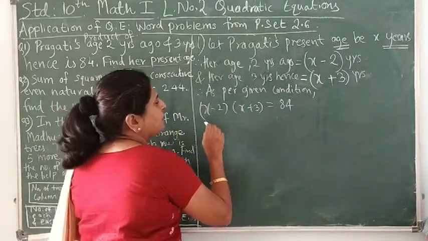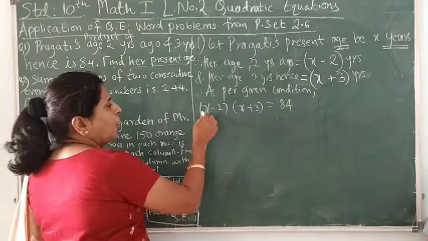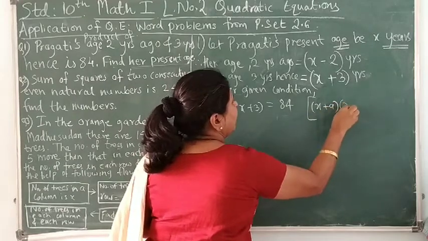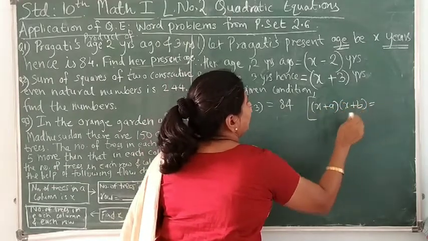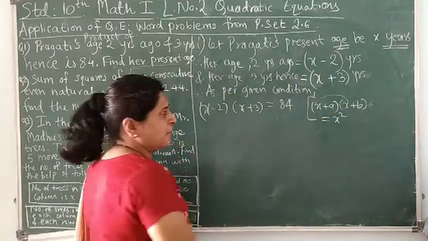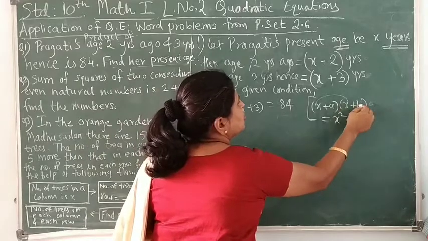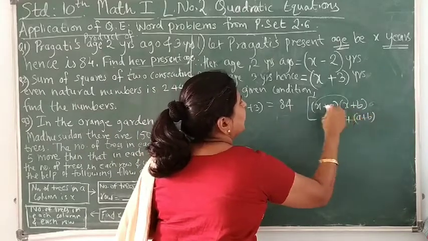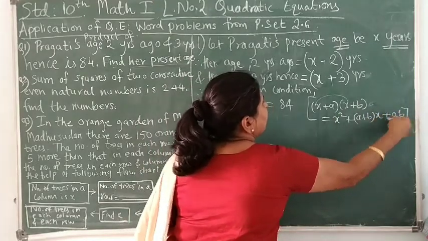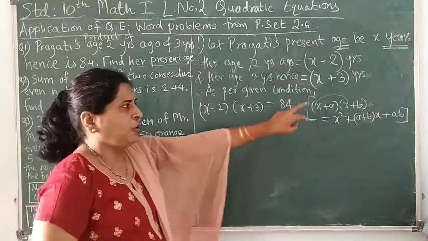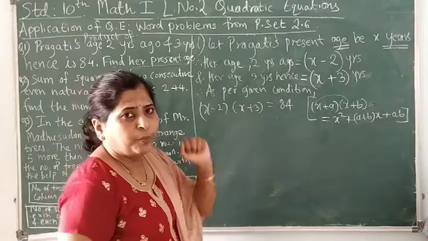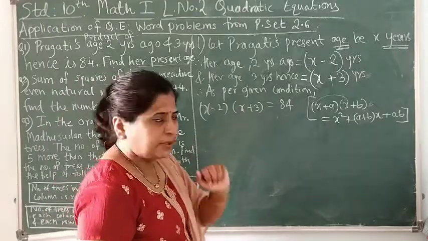We can multiply binomial into binomial, or you can use the identity x plus a into x plus b is equal to x square, the square of the first term, plus the sum of these two, a plus b, multiplied by x, plus the product of the second terms, that is a into b. Either you can use this identity or multiply binomial by binomial. I'll show you both ways.